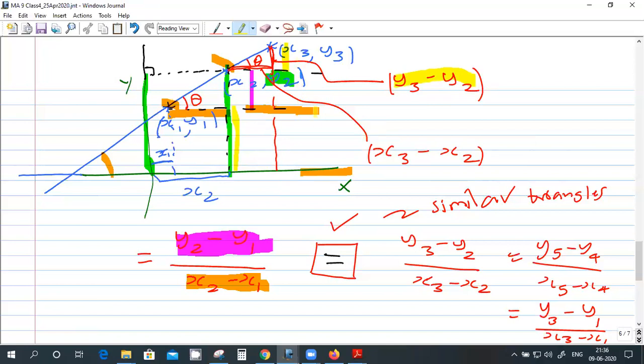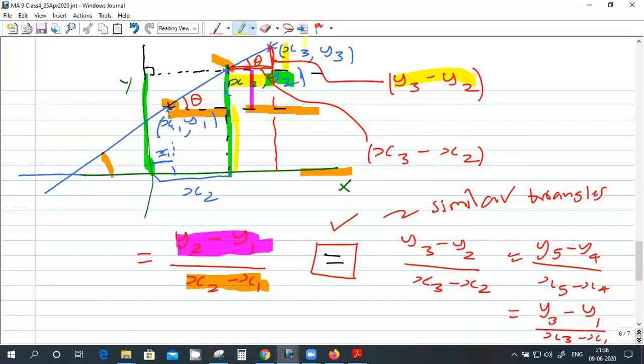And similarly, this distance is x3 minus x2. Okay, so you know what is tan of an angle? Sin, cos, tan, we'll study next year. Okay. So you know similar triangles, right?